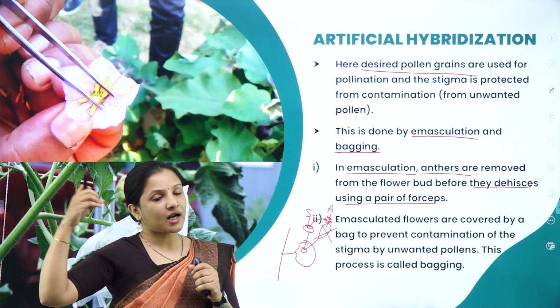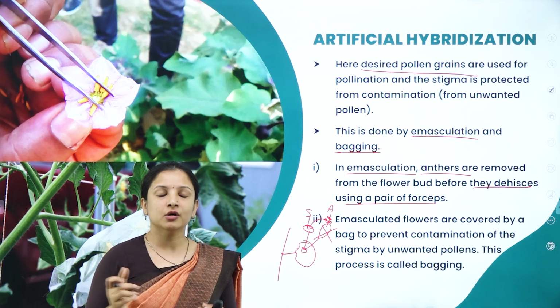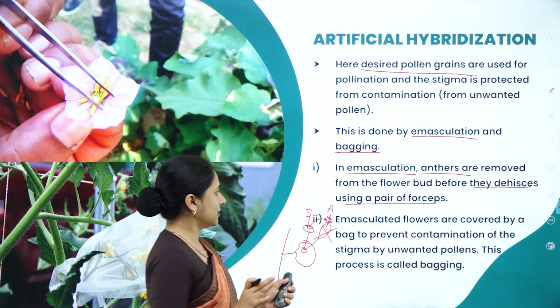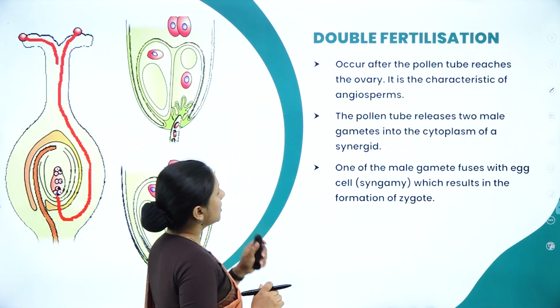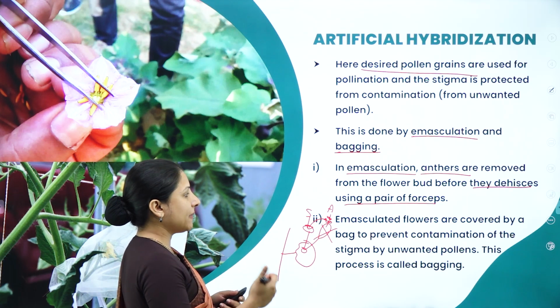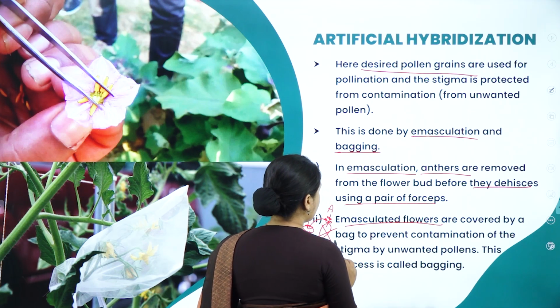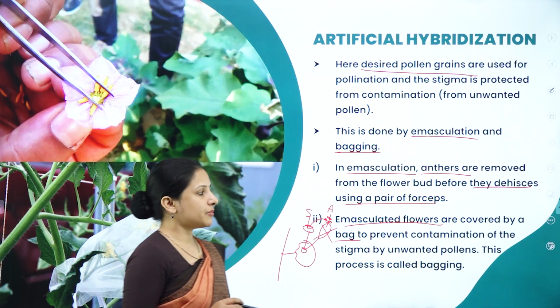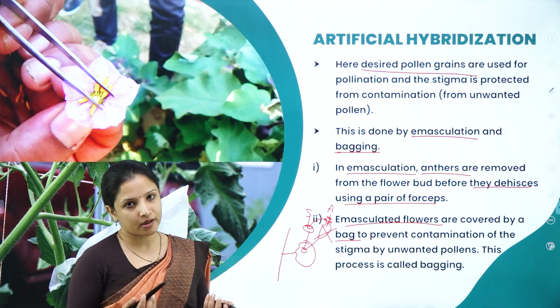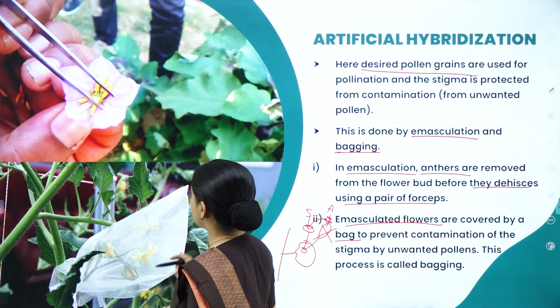Because otherwise undesired pollen grains from some other flower might come and fall on it. To prevent that, bagging is done. So one is emasculation and the second one is bagging. The emasculated flowers are covered by a bag to prevent contamination of the stigma by unwanted pollen.